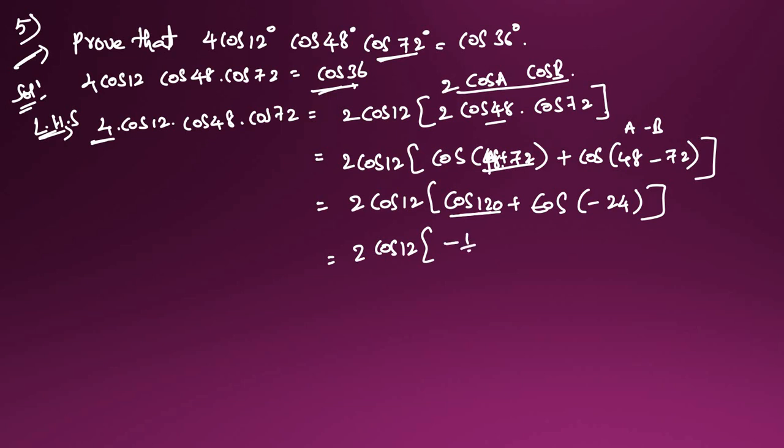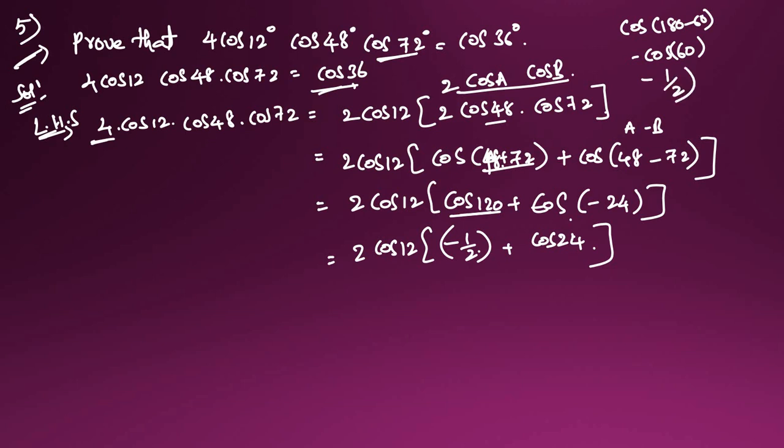So cos 120 is equal to minus 1 by 2 will come here. And here plus cos 24 remains like that only. Cos 120 is equal to cos of 180 minus 60, cos 60 will come here, which is 1 by 2, so minus 1 by 2 will come in this place.